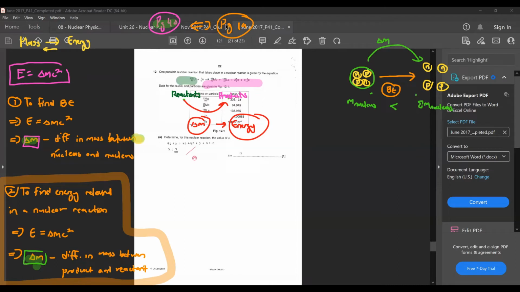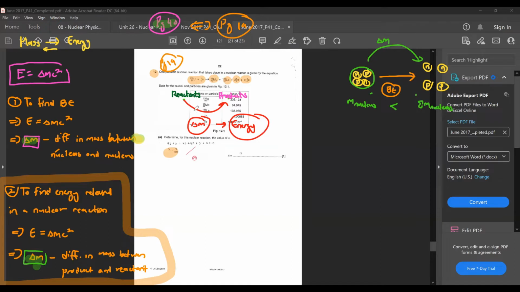Now you look at the equation in page 19 of your worksheet. At that time, they told you there was a nuclear reaction: uranium plus neutron, giving you molybdenum, lanthanum, 2 neutrons, and then 7 electrons.